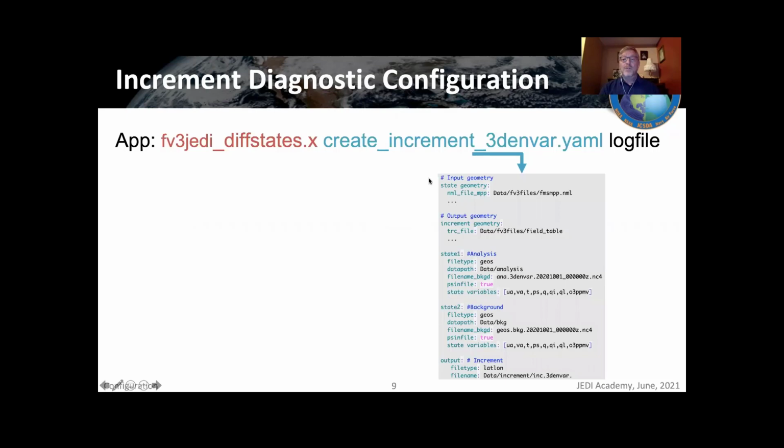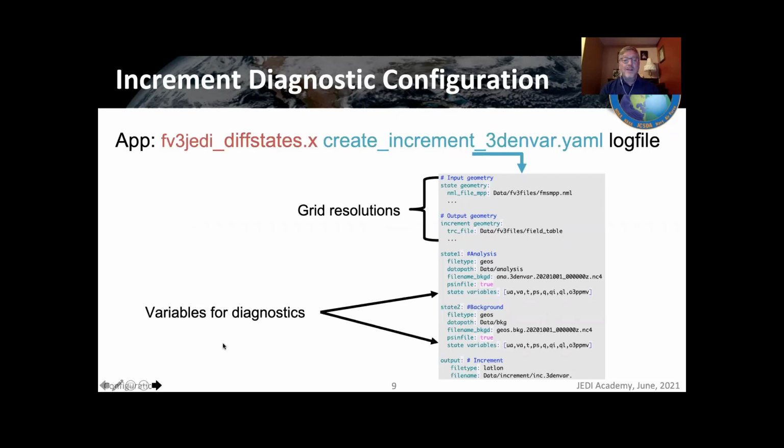So that comes with its own YAML file, and you're specifying grid resolutions for this increment piece. And then you're stating which variables you want to have increments for so that you can make plots of these later on. And then an output file. So you want this to be gridded on a lat/lon grid and produced into that file and that path that's specified there.